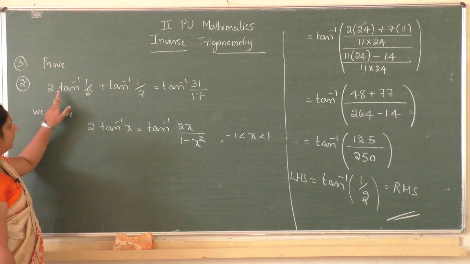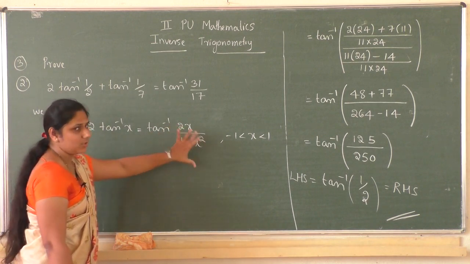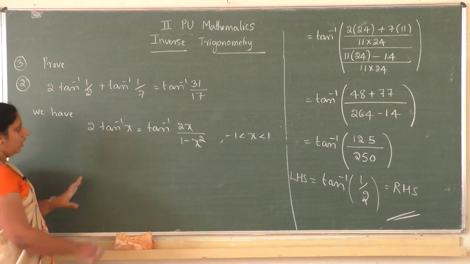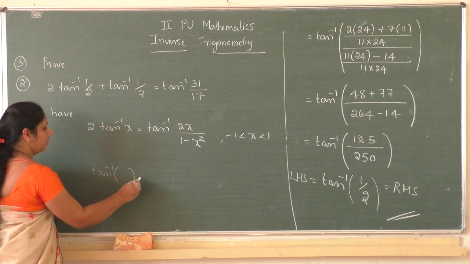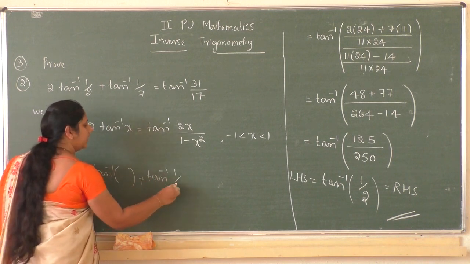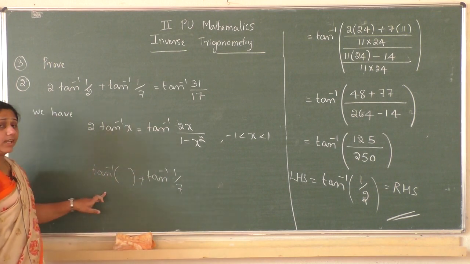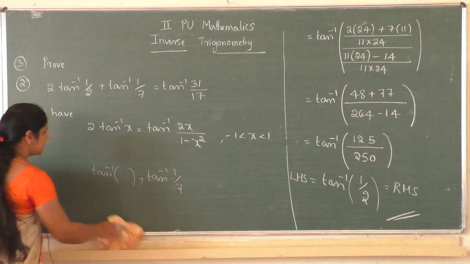If I apply this formula here, we will get a term like tan inverse of some number. Plus we already have the term tan inverse 1 by 7, so we can apply the formula for tan inverse x plus tan inverse y.